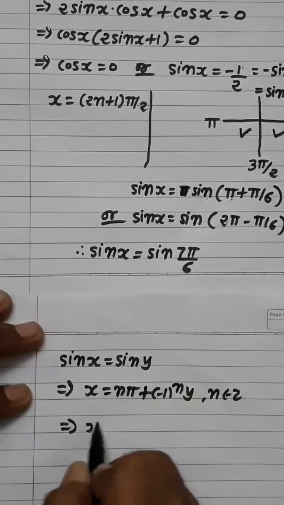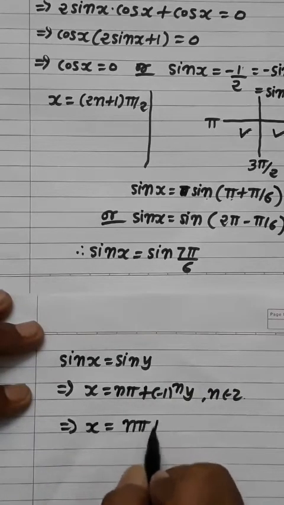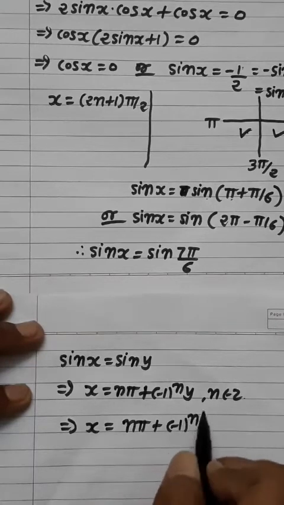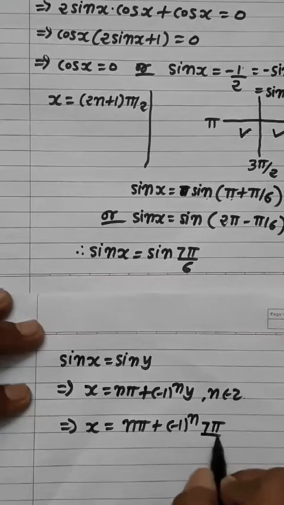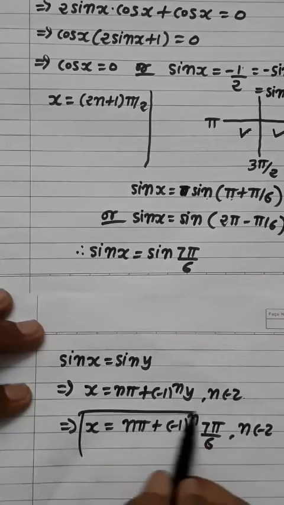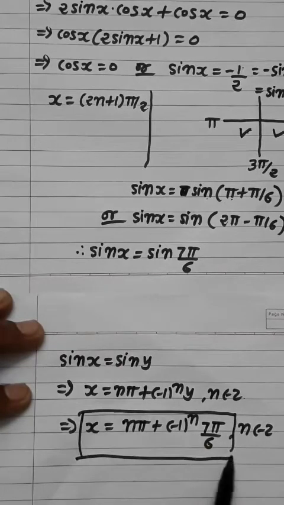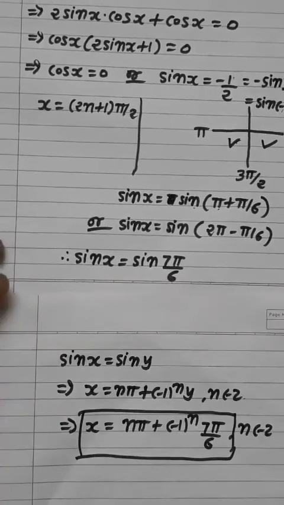So x is equal to n pi plus minus 1 raised to n, and y in place is 7 pi by 6, n belongs to Z. So here we get the general solution x is equal to n pi plus minus 1 raised to n 7 pi by 6.